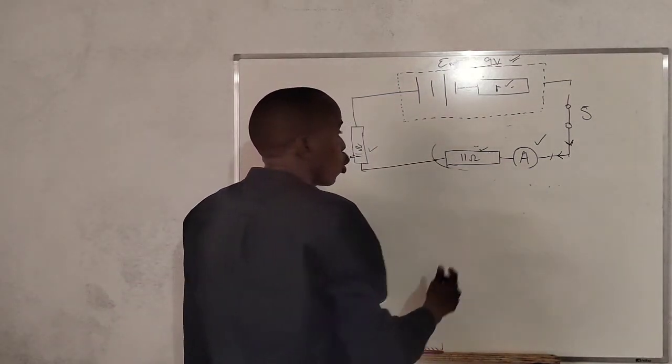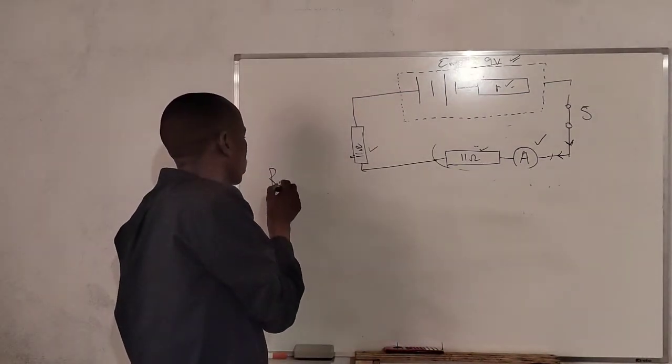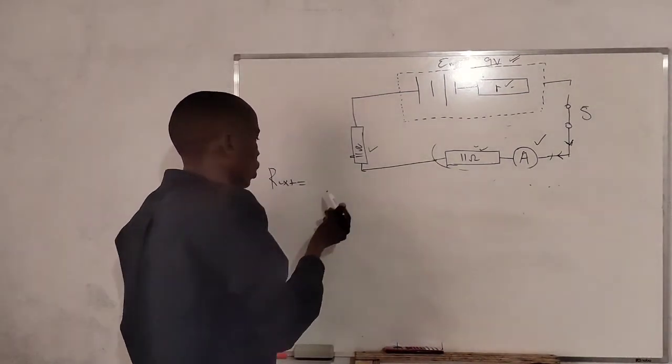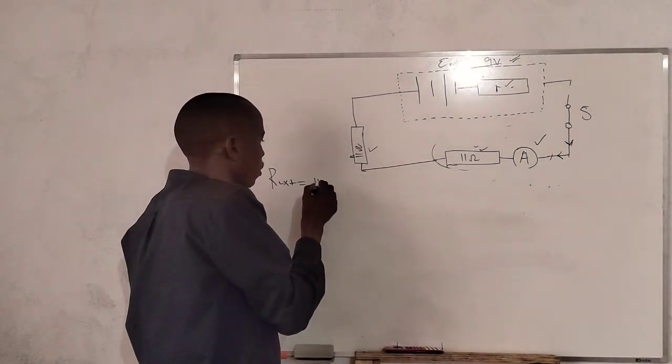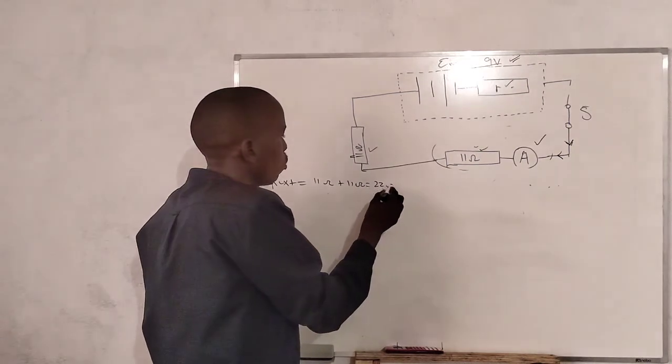To calculate the resistance of the external circuit this time, I have to say 11 ohm plus 11 ohm, which gives me 22 ohms.